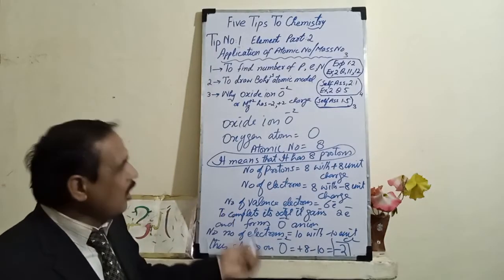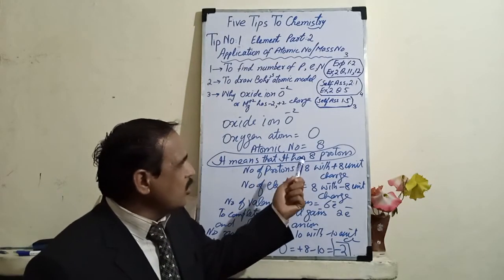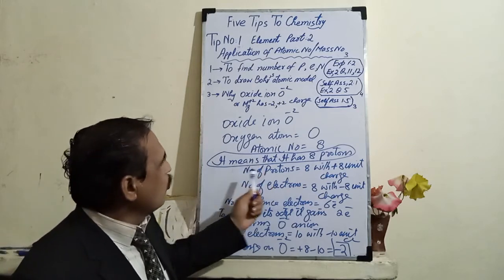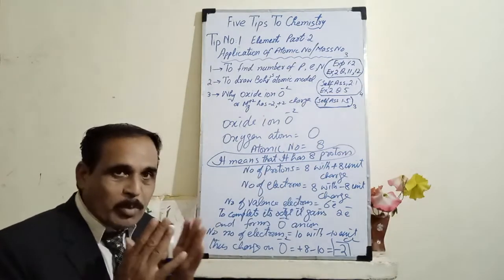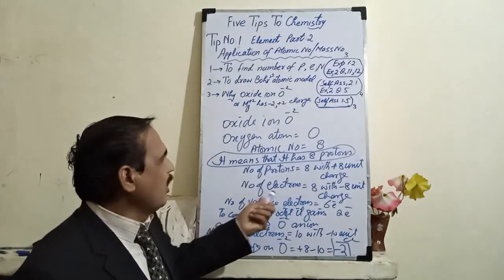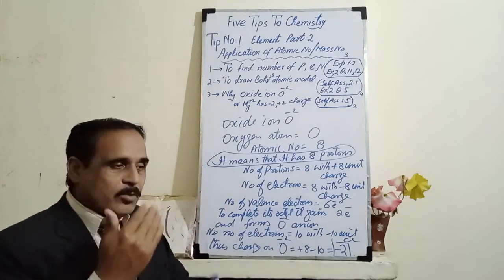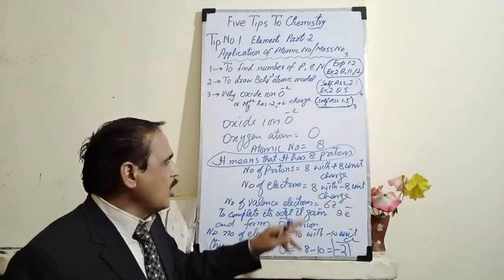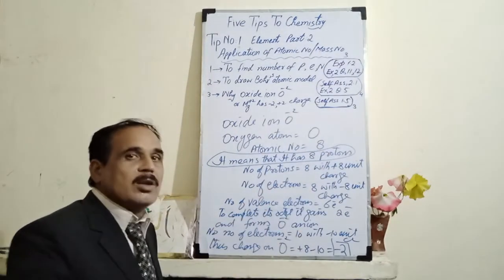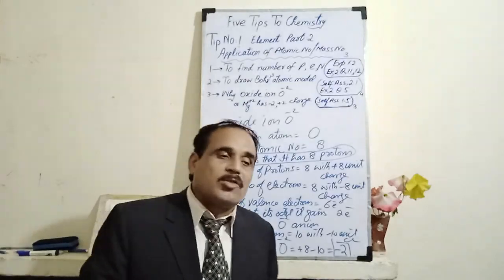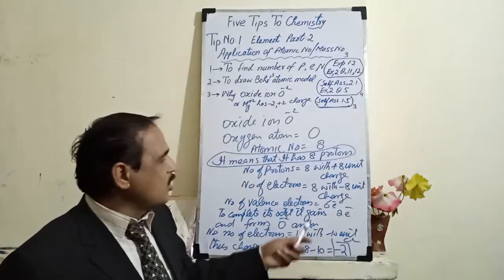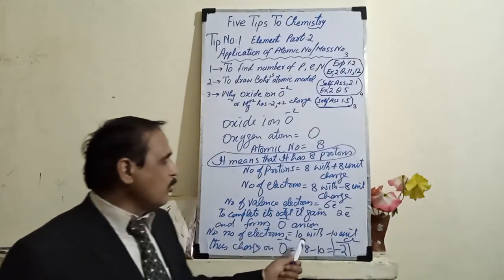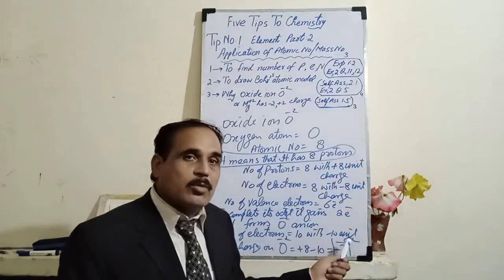You can see atomic number is 8. It means number of protons is 8 with plus 8 unit charge. Number of electrons 8 with minus 8 unit charge. 2 electrons in first shell and 6 electrons in the outermost shell. So because number of electrons is more than 4, it has gained 2 electrons and electrons have become 10 with minus 10 unit charge.